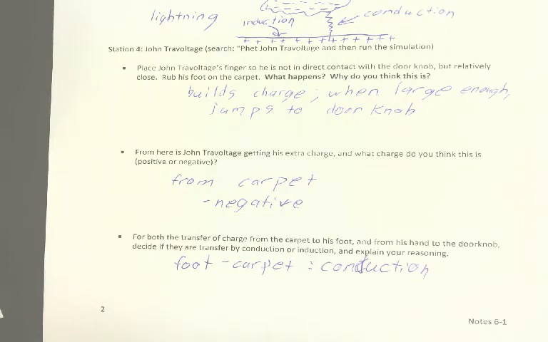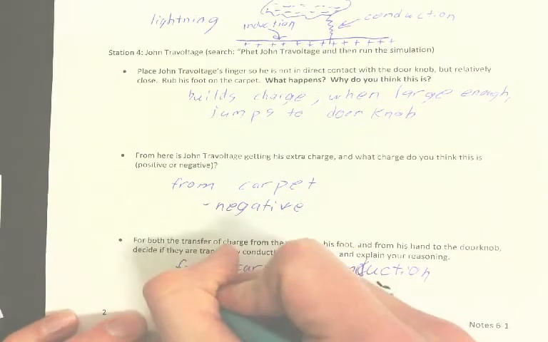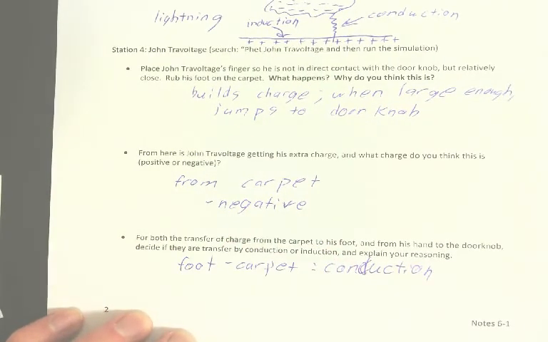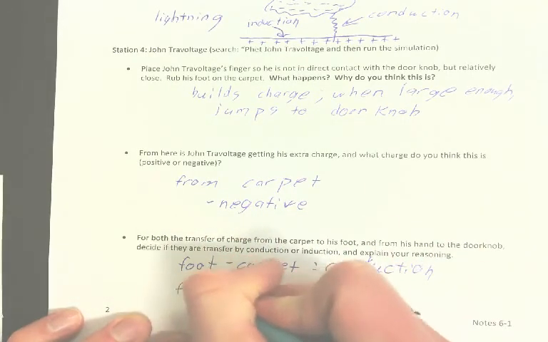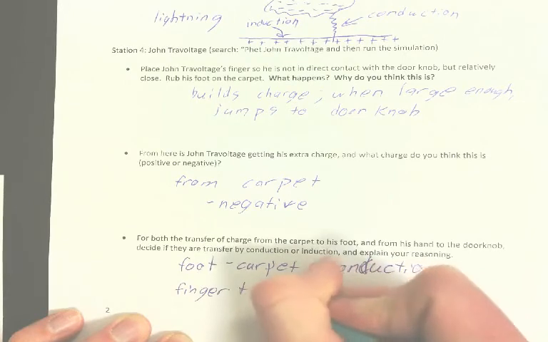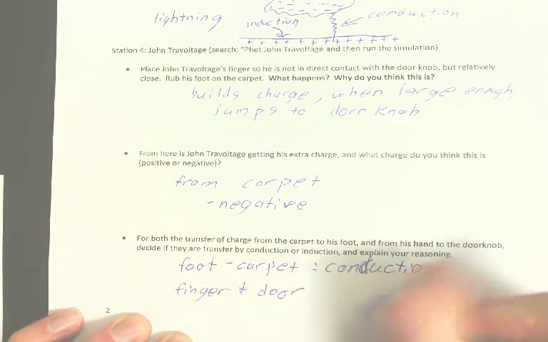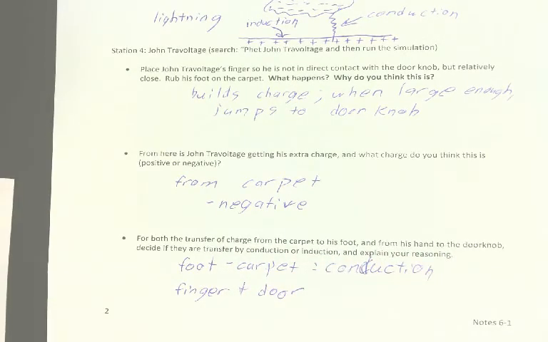All right, so he builds up a charge. And this is why I wanted to bring this on with the induction idea. So what is happening between his finger and the doorknob? Well, what's happening between the finger and the doorknob is that the increased charge on the finger is actually going to do conduction and induction.